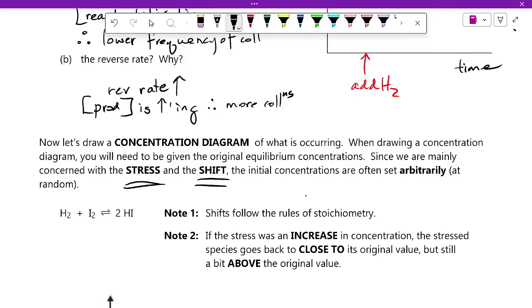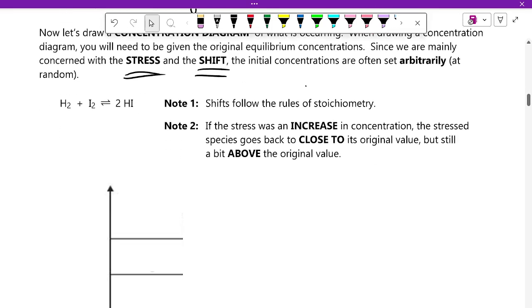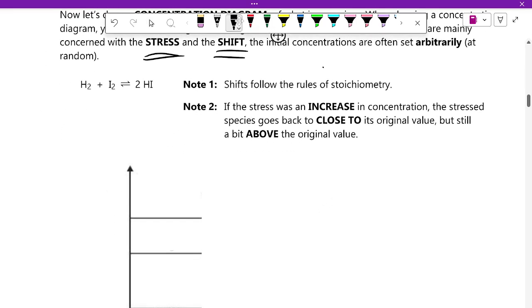It doesn't really matter where we set them. This is a very qualitative thing. So we have H2, I2 and 2HI. I'll just do them in order, H2, I2, HI, but it won't matter if we put them in a different order. That would be okay.